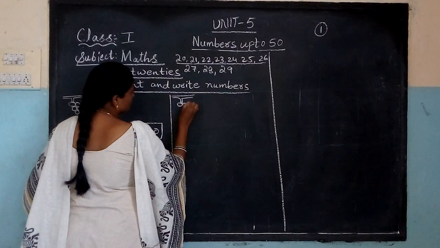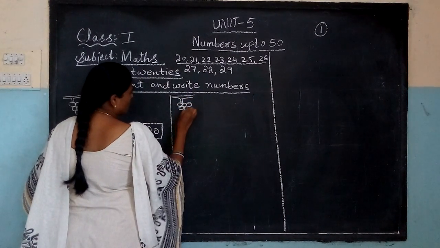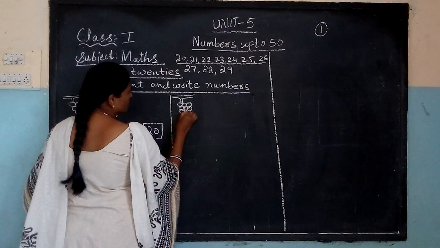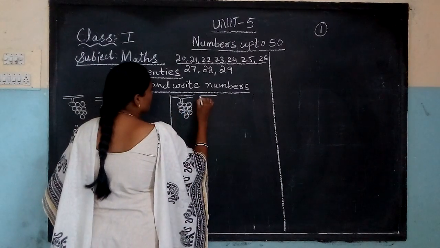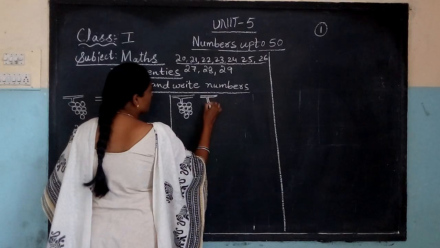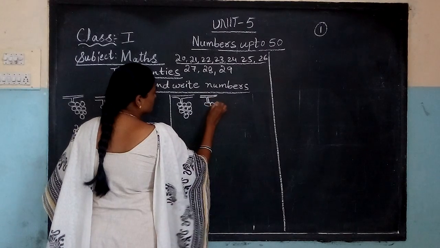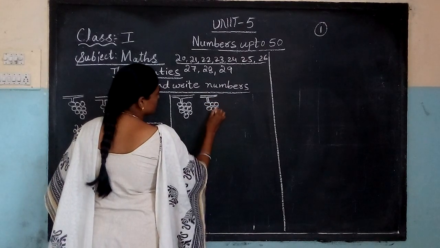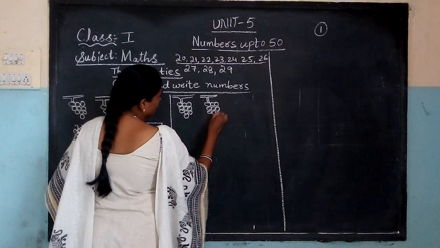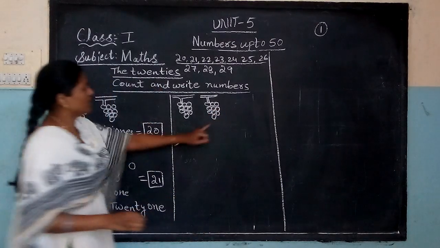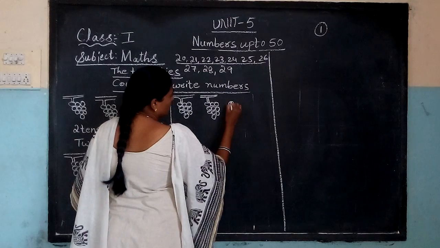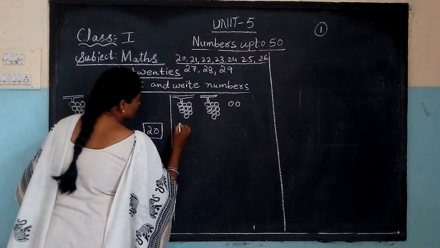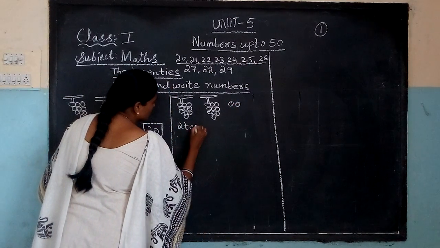1, 2, 3, 4, 5, 6, 7, 8, 9, 10. 1, 2, 3, 4, 5, 6, 7, 8, 9, 10. 2 bunches complete, it became 20. And how many singles do you have to take? 1, 2. What did it become? 2 tens.